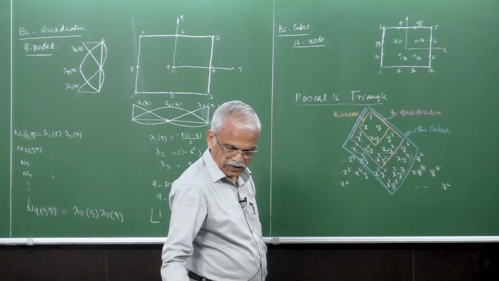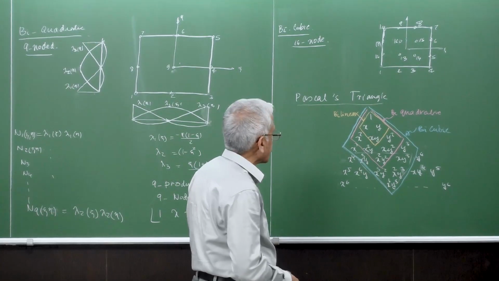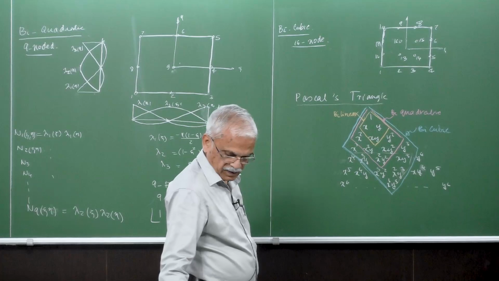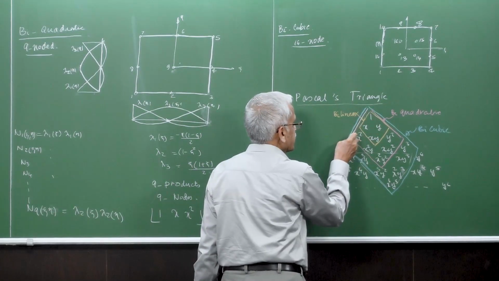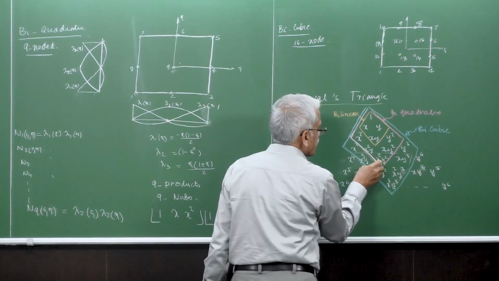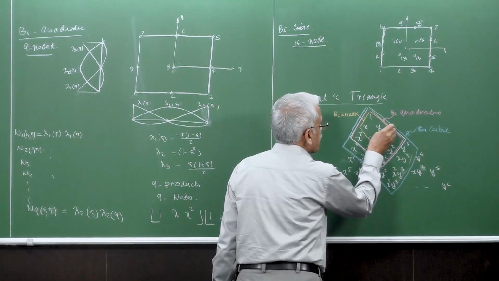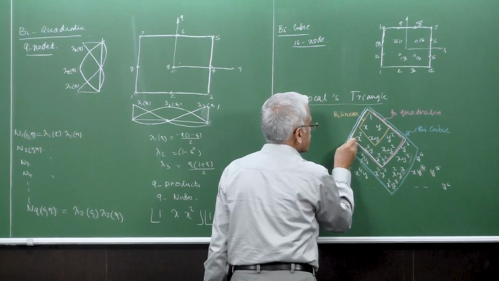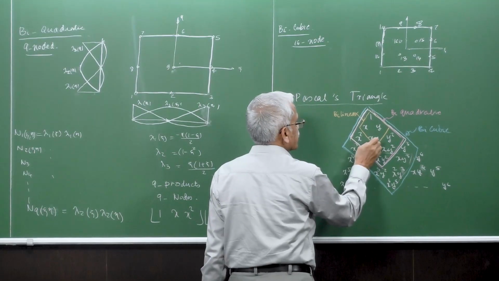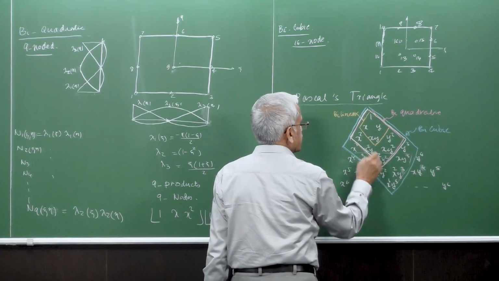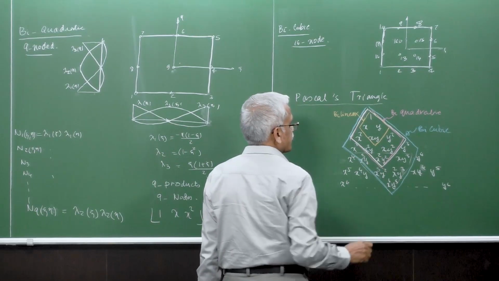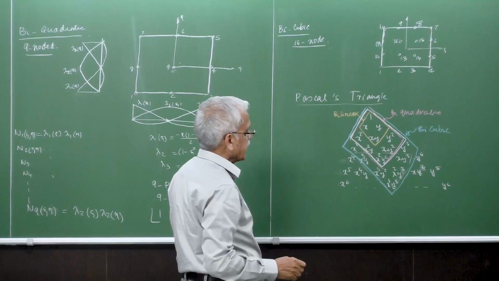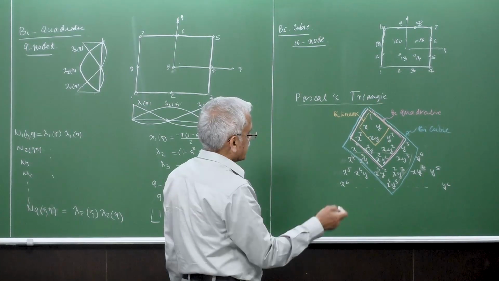Okay. So even if you look at the quadratic element, it has x square, xy, y square, but then there are three terms here, x square y, x y square, x square y square, which are there, but they are incomplete, right?